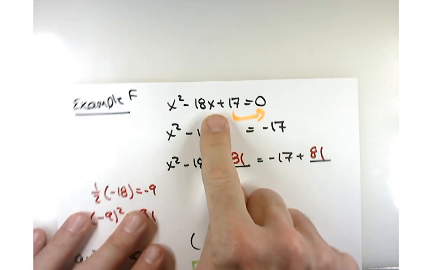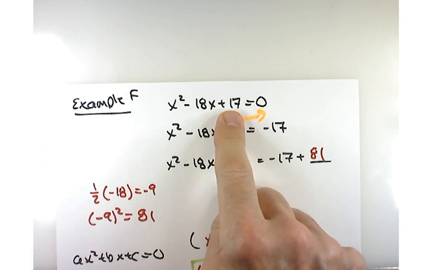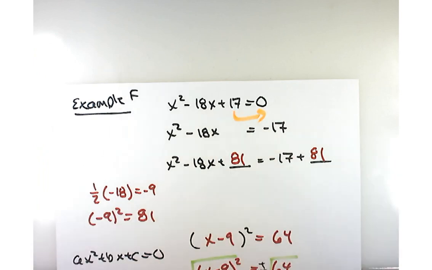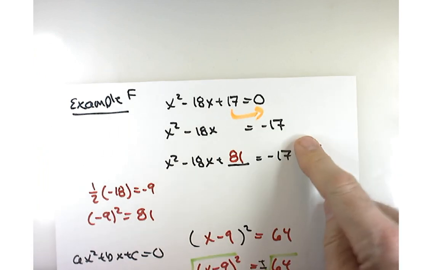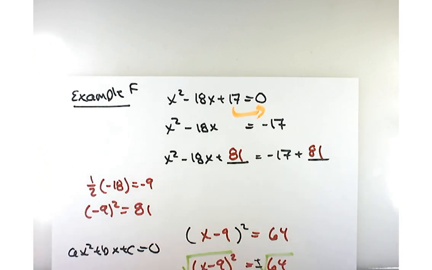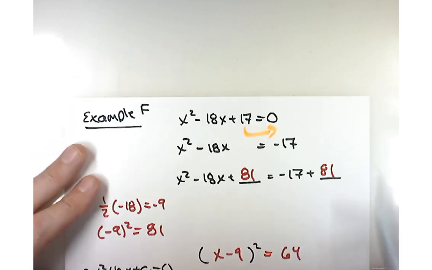If I gave you x squared minus 18x plus 5, then you're stuck using either the quadratic formula or completing the square. But I would just go for the quadratic formula. I don't use completing the square to solve these problems, ever. I do one example just to show you what it's like, but that's it. Okay, let's put this one to rest.